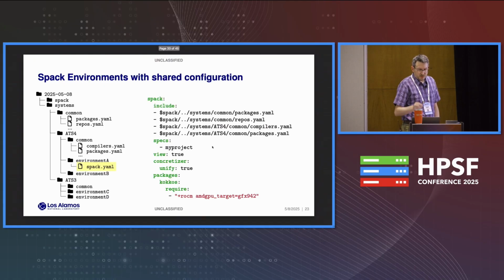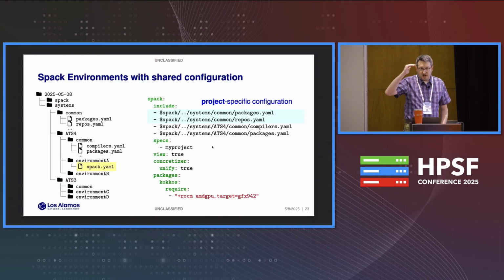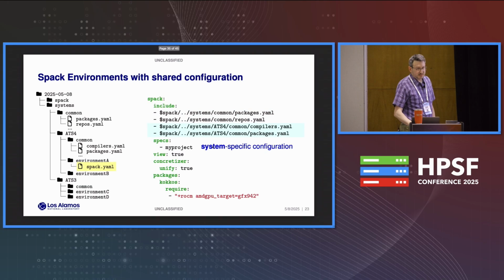And so the way these configuration files are structured, here you can see on the left a simplified folder structure, and on the right the basic structure of such a Spack environment. I use per-system folders that each contain folders for the environments, and then there's a shared configuration per system and a shared configuration per code. A Spack environment consists of a project-specific list of configurations and system-specific configurations.